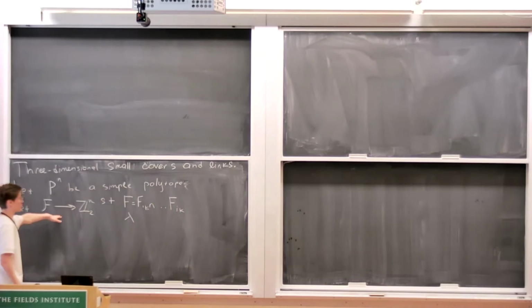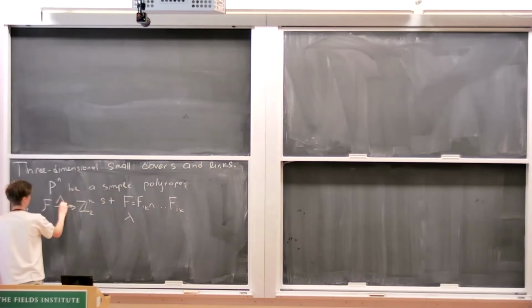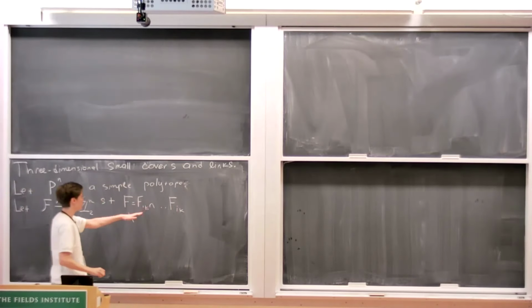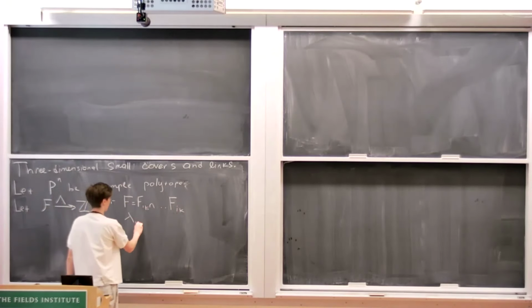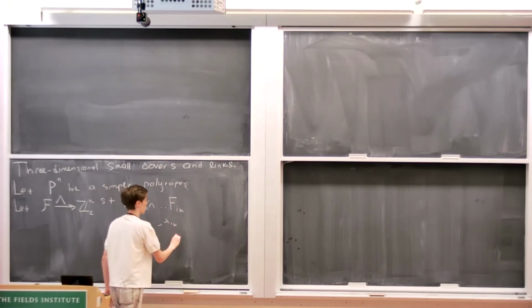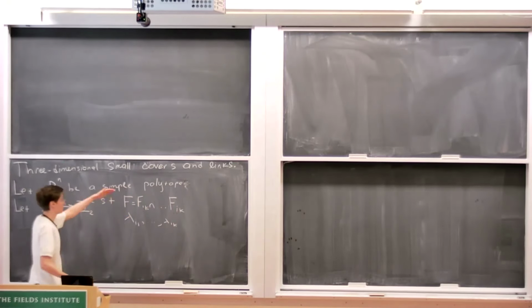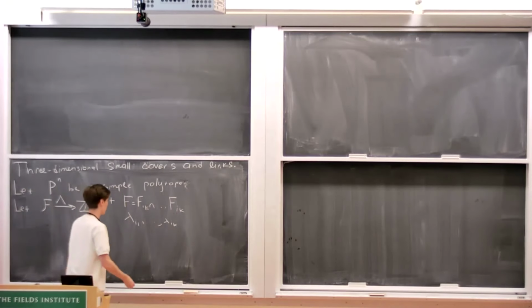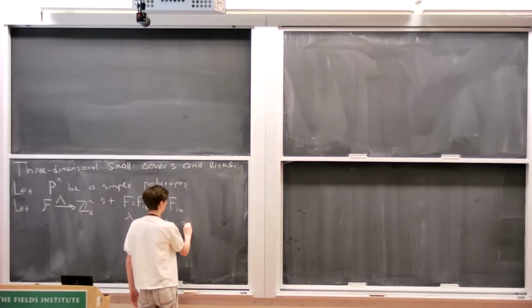This map is called the characteristic map lambda. So if we have a face, then the corresponding characteristic vectors lambda I1 to lambda Ik are linearly independent.